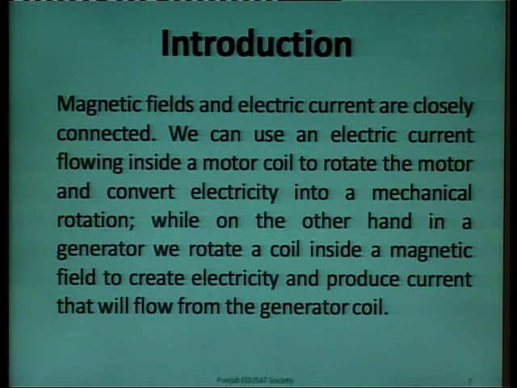We can use the electric current flowing inside a motor coil to rotate the motor and convert this electricity into mechanical power or mechanical rotation. But on the other hand, in the generator, we rotate a coil inside a magnetic field to create electricity and produce current that will flow from the generator coil. So, as we can see, the magnets, electric currents and the magnetic fields have a very close relation to each other.